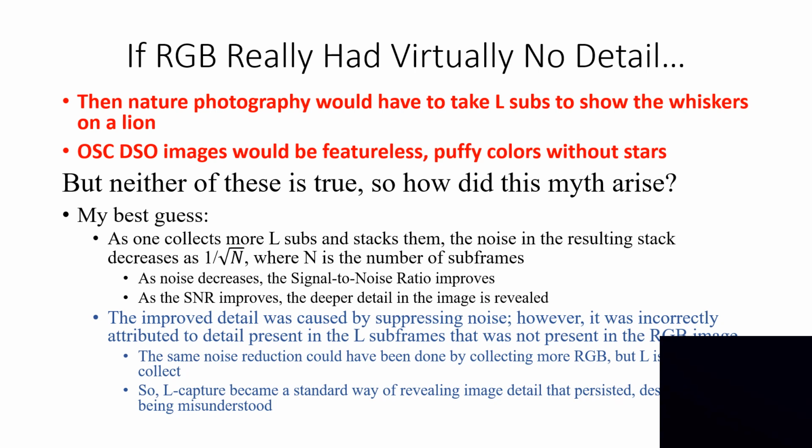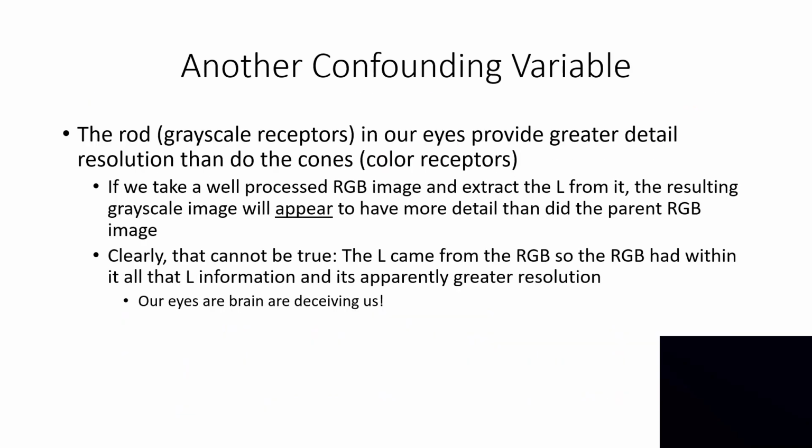The same noise suppression that we can do by capturing a lot of L, we could do by capturing a lot of R, G, and B subs. It would be exactly the same. But L is easier to capture, so the tradition is to capture lots of L. That's just the history of it as I believe it happened.